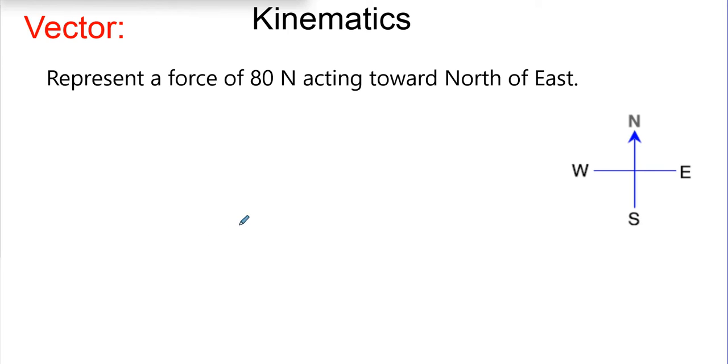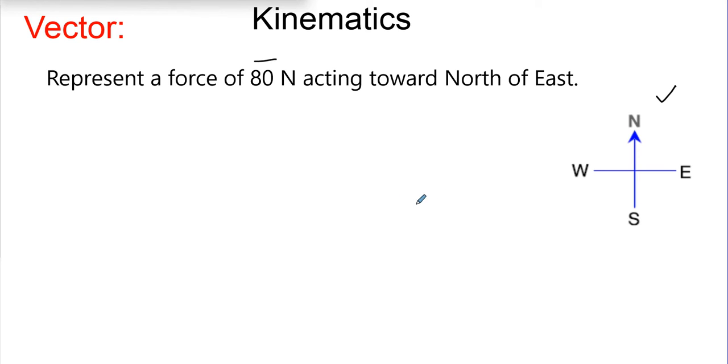Now let's solve this question, which says: represent a force of 80 Newton acting towards north of east. I have a map here, because whenever you want to represent a vector, you know a vector has a direction.